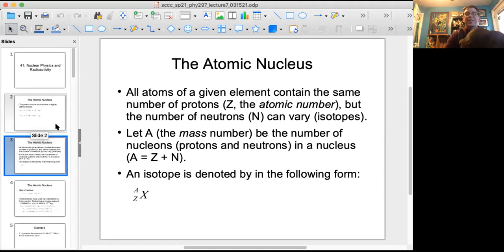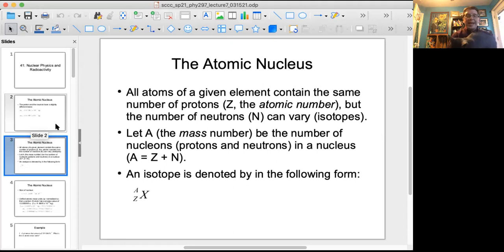Nuclei with the same number of protons but different numbers of neutrons are called isotopes. And so you can have multiple isotopes of a given element. Again, the protons remain the same, but the neutrons are different.